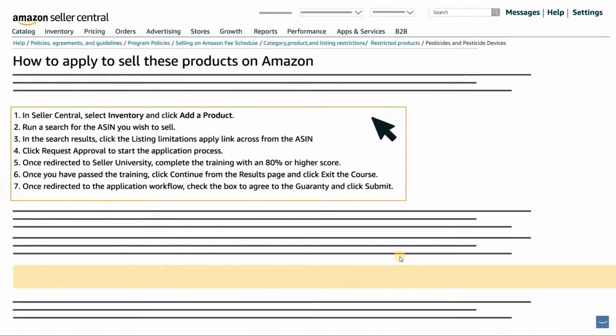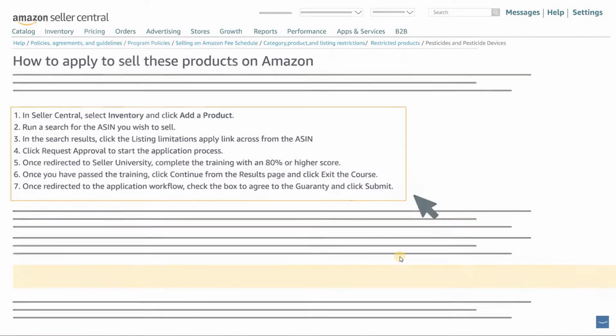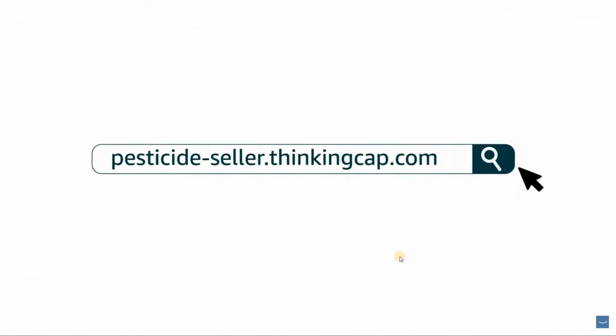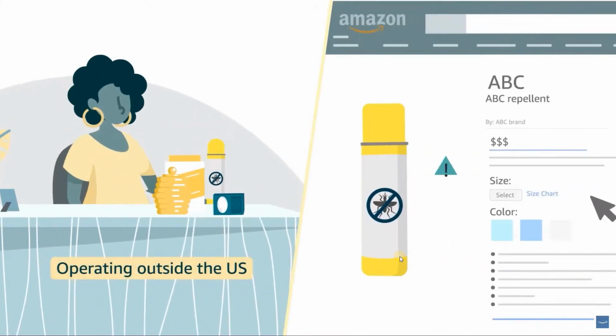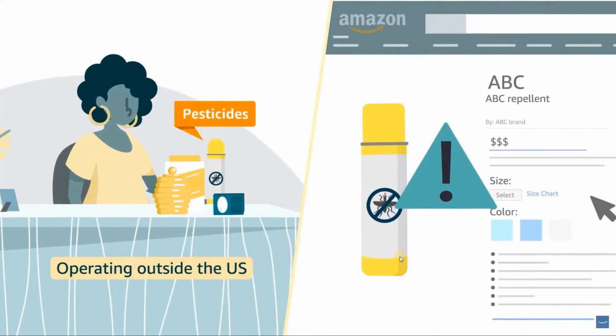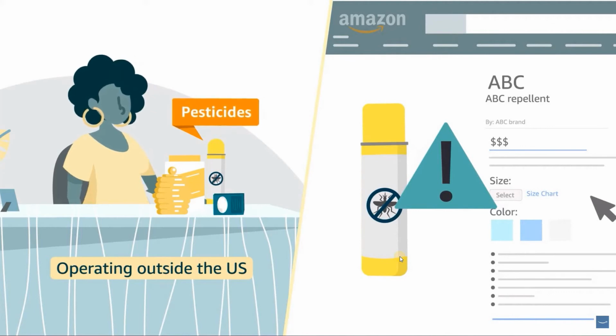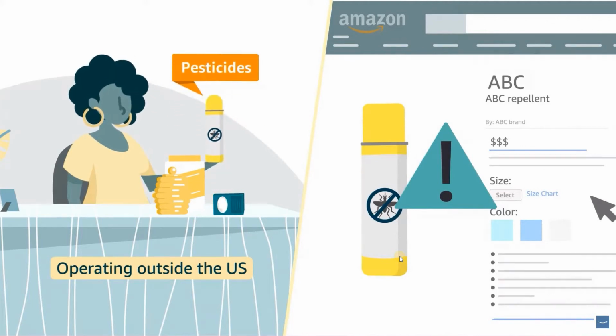Follow the steps listed on the help page to request approval to sell a pesticide product on Amazon and by taking the Pesticide Seller e-learning course. Note that if you are not a U.S. resident, you are not permitted to sell pesticide products or pesticide devices on Amazon.com.